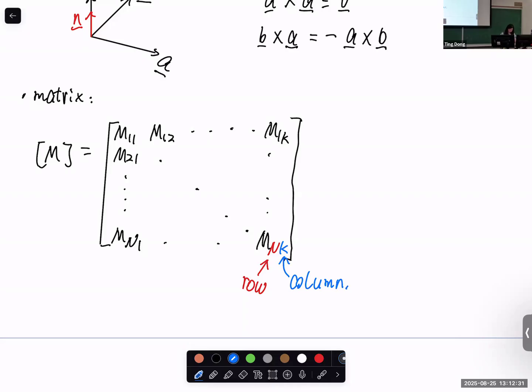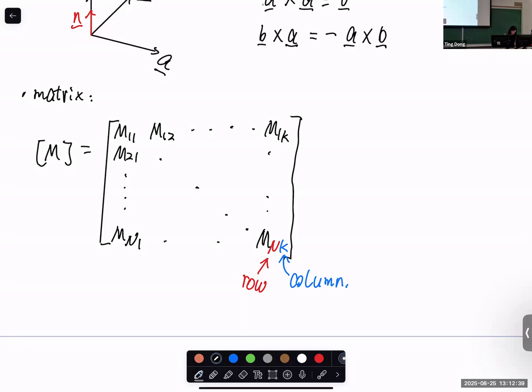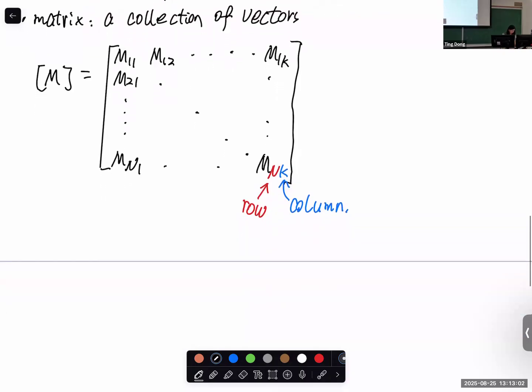The definition of this matrix, of course, is n by k. It is a collection of vectors. So this is an n by k matrix.